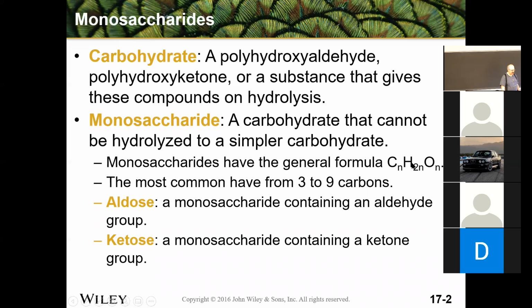So we have hydrogen and oxygen in a ratio of 2:1, so the name means hydrates of carbon. An aldose is a monosaccharide in which the principal functional group is an aldehyde. A ketose is one in which the principal functional group is a ketone.